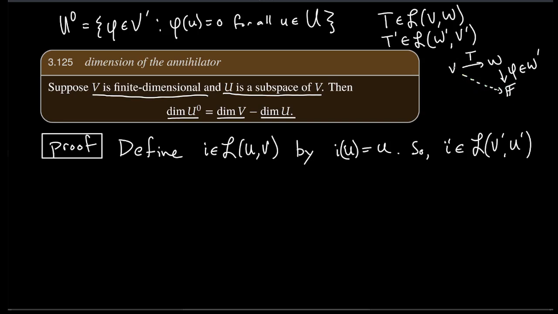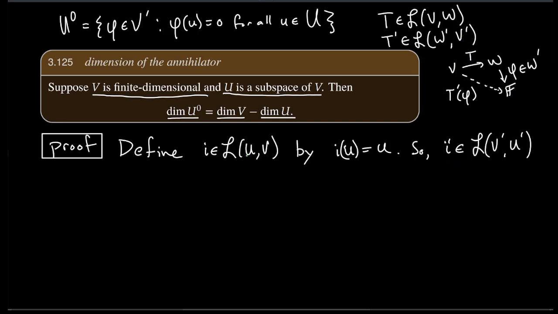That is, you send stuff through T first, and then you map it through φ. So this is T'(φ). That is, we take linear functionals on W, things that send W to the field, and we send them to linear functionals on V, things that send V to the field, and we do it just by following the arrows.